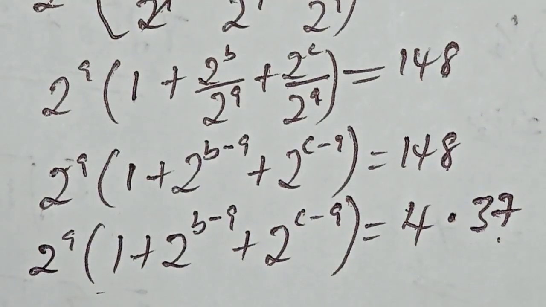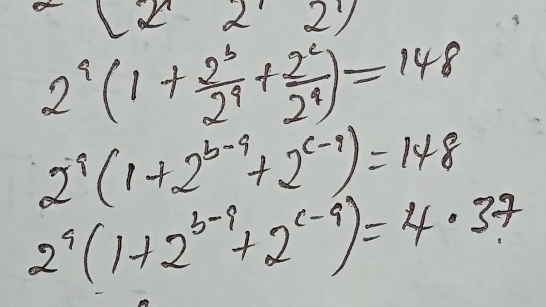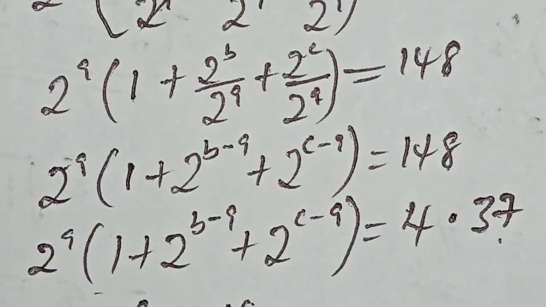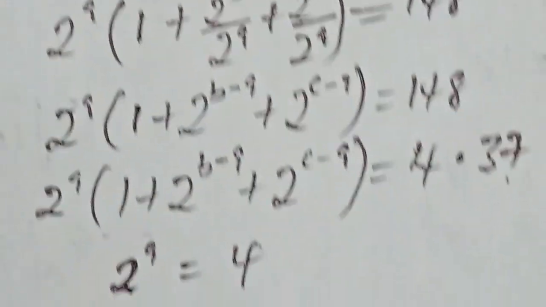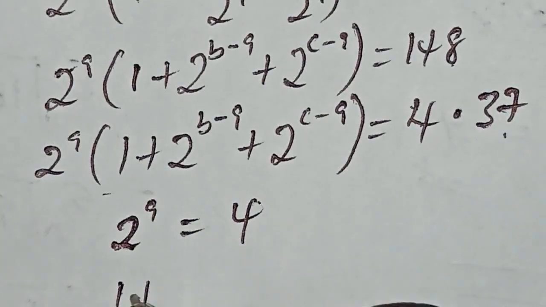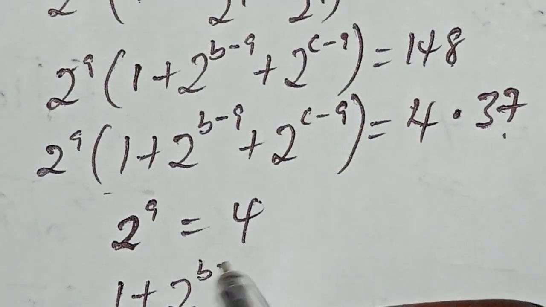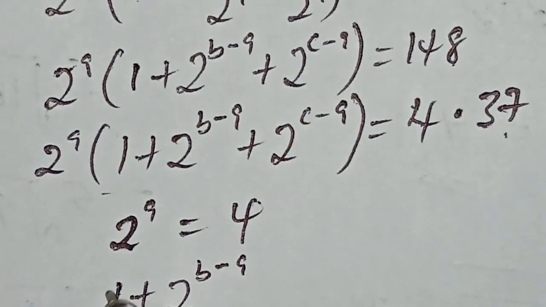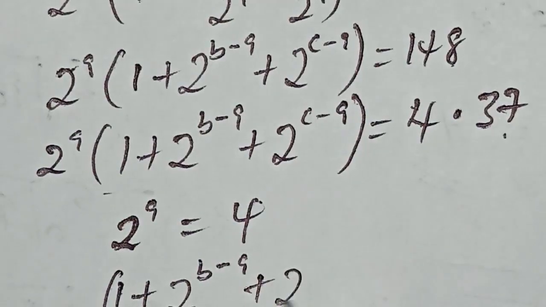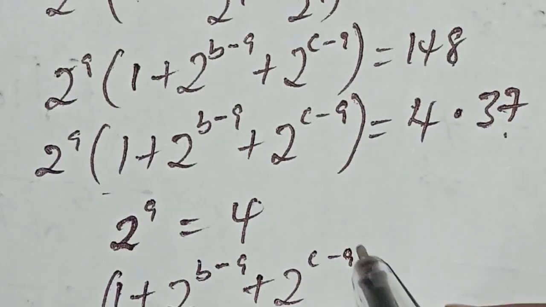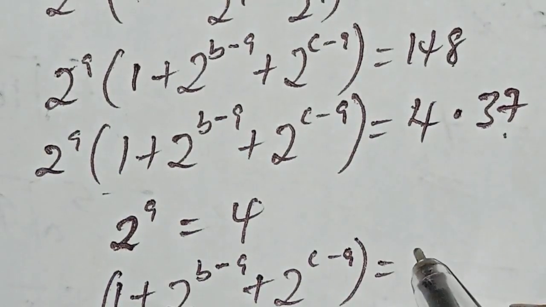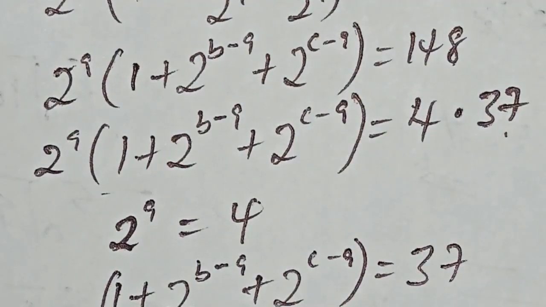So we equate this with this. So we have 2 to the power of a equal to 4. Then we also have 1 plus 2 to the power of b minus a plus 2 to the power of c minus a, in brackets, equal to 37.